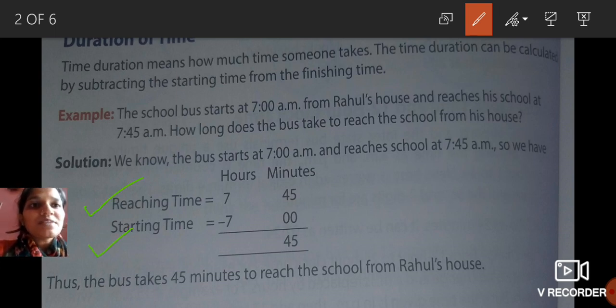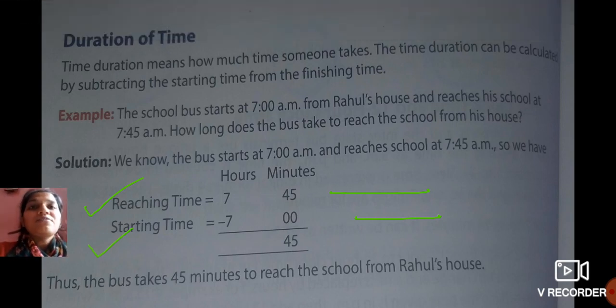What is reaching time? 7 hours 45 minutes and starting time 7 hours. So here we have to subtract the starting time from reaching time, and after subtracting we get the answer 45 minutes. Okay, so like this we have to solve the example and find the duration of time.